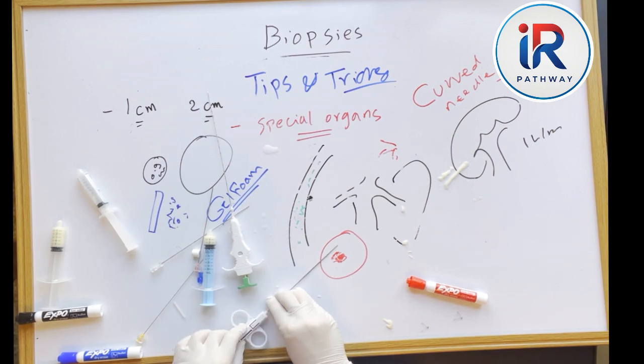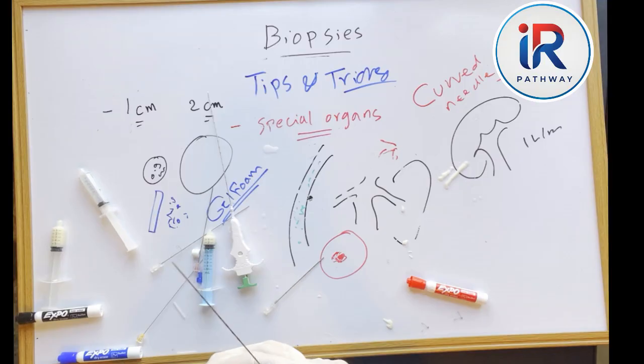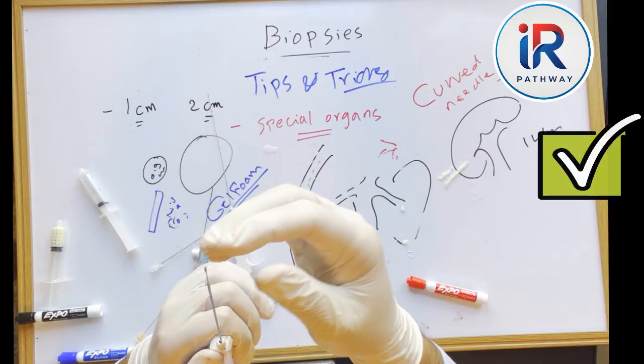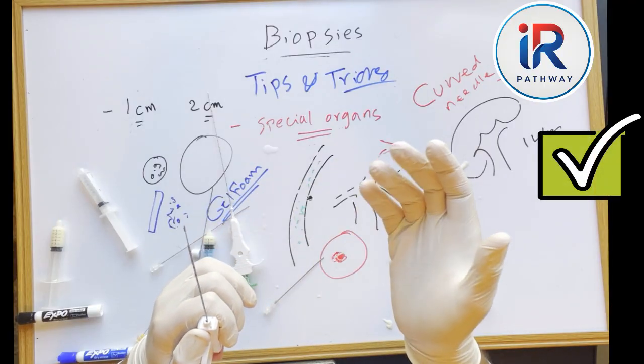And in some cases, moving the coaxial needle is not that easy. In such situations, a modified technique is used where we push the coring needle out and then bend it slightly outward. We bend it about 25 to 30 degrees.